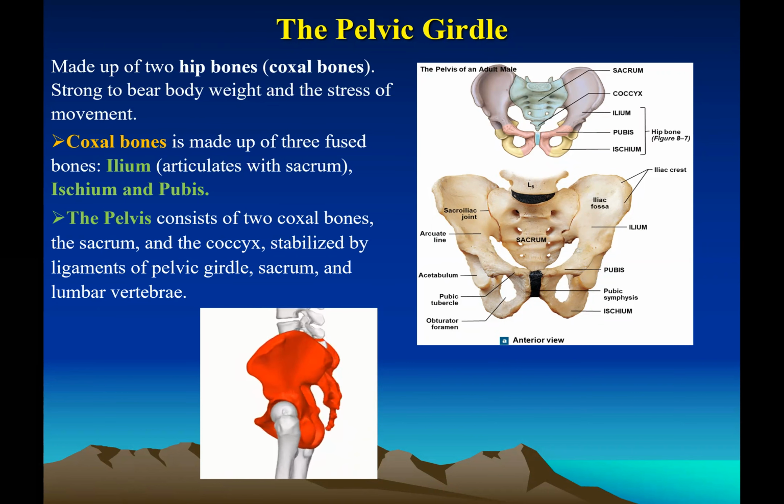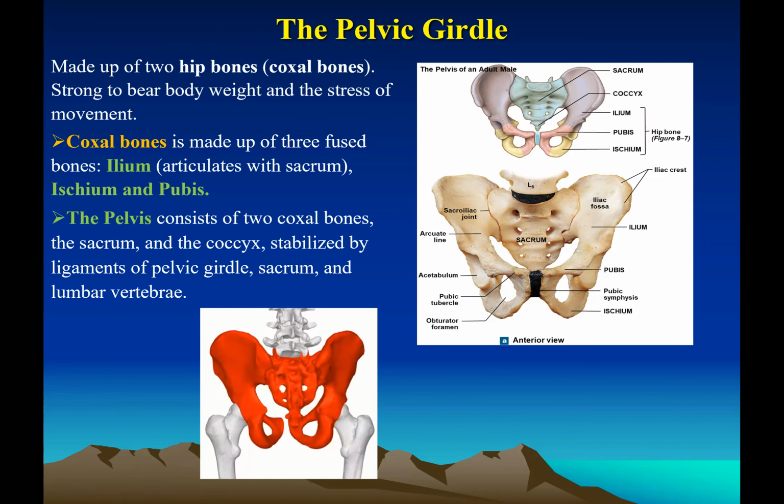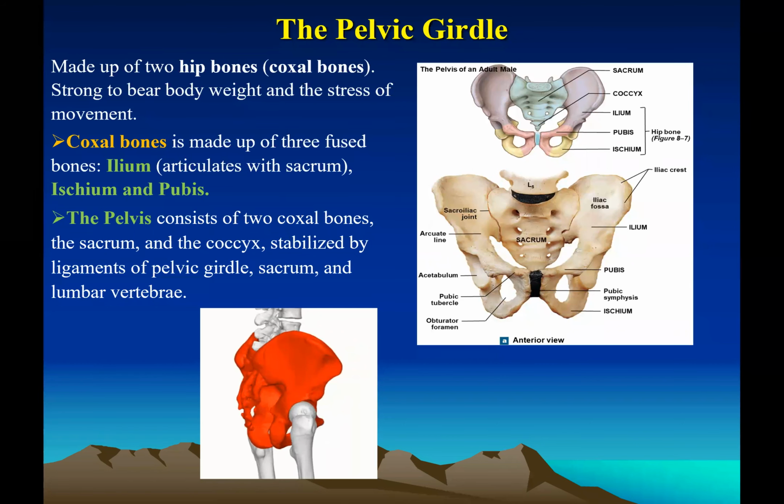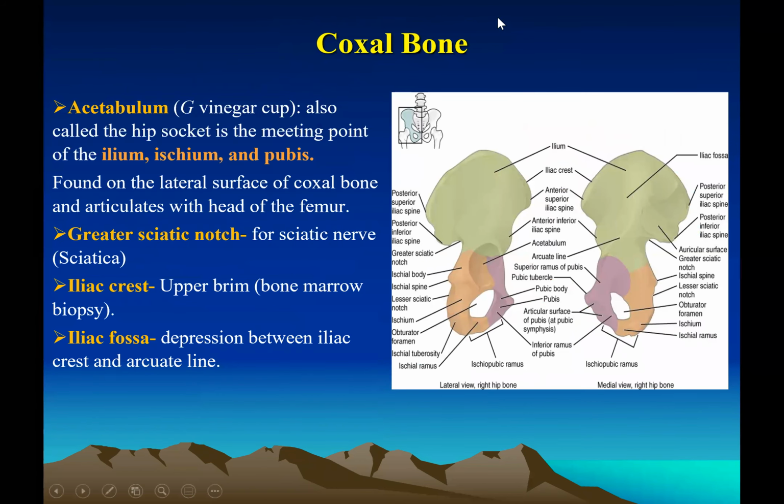So we look at the major bone markings of the coxa. The coxal bone is made up of the ilium, ischium, and the pubis. There is a prominent cup-like structure that is going to articulate with the head of the femur.